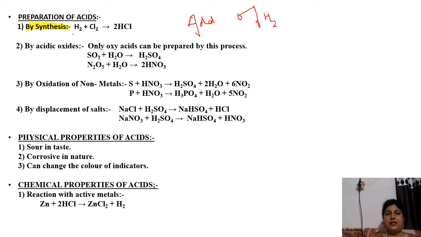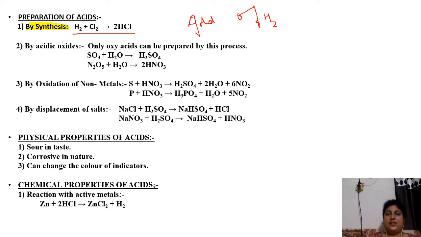For example, here a reaction is written: H2 plus Cl2 gives 2HCl. When we combine hydrogen with chlorine, it will form hydrochloric acid. It may be hydrochloric acid in gaseous state or liquid state.